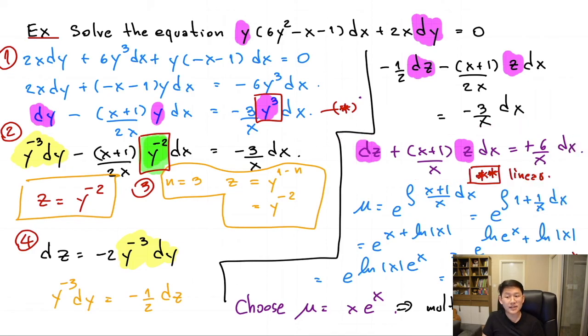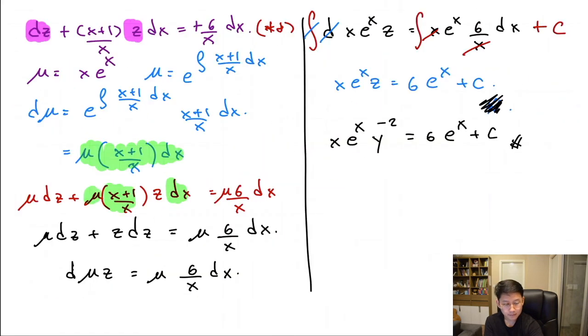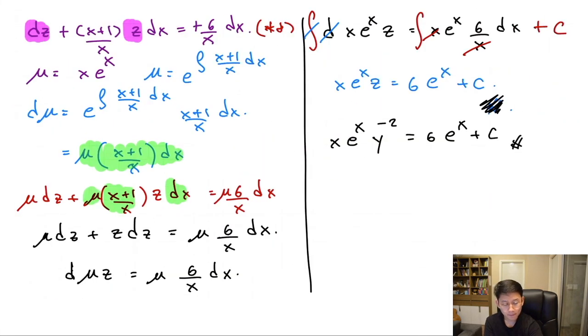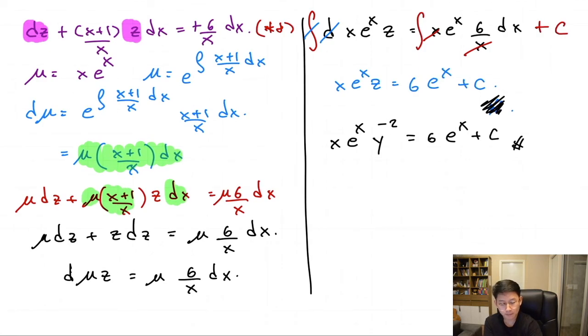So the integrating factor is e to the power of the integral of this guy, dx, right? And then you multiply that back to the equation. And don't forget, guys, that this one is actually d of mu z, to make it easier.